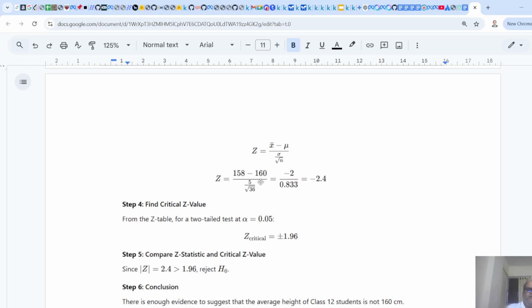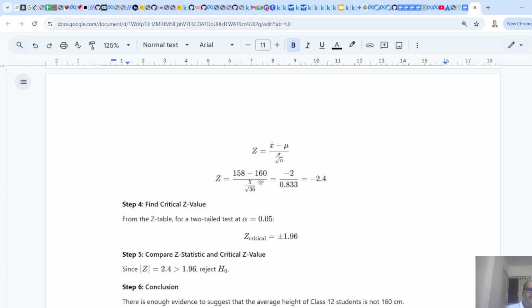If you look at your normal distribution, whenever you have an equal sign, you are talking about both sides of the mean, so we call it two tail: tail on the left, tail on the right. For this two tail at 5% significance, you'll have a critical value of 1.96.